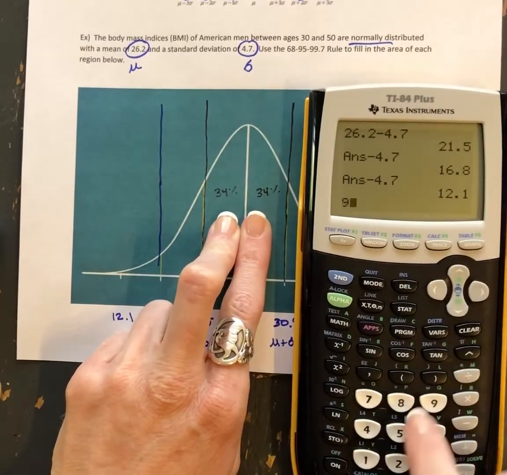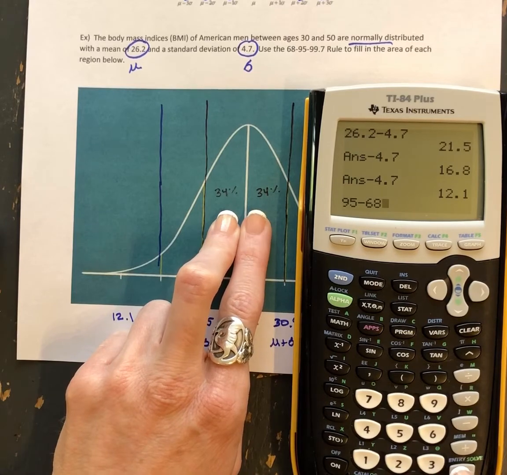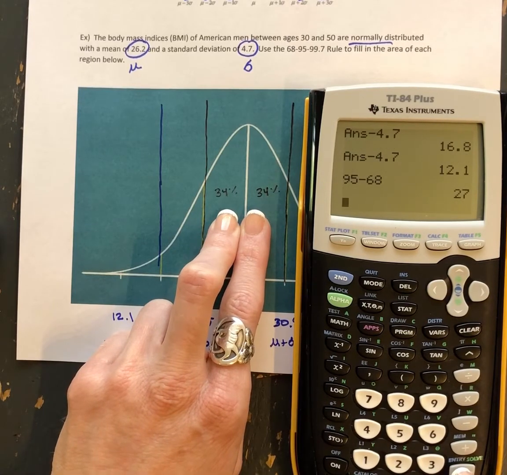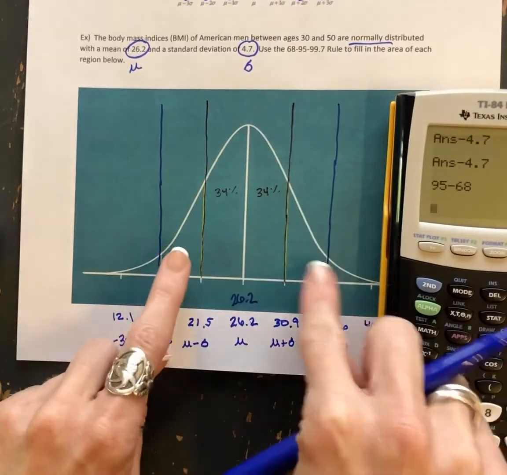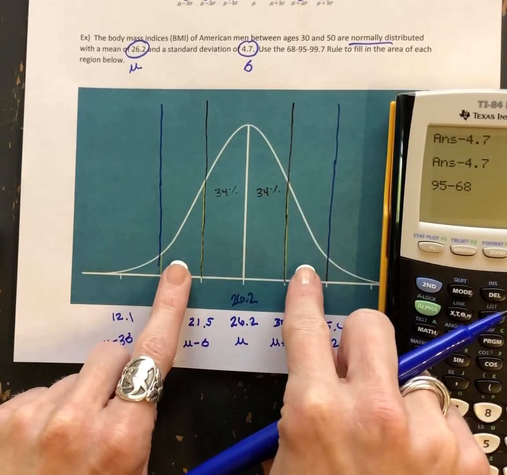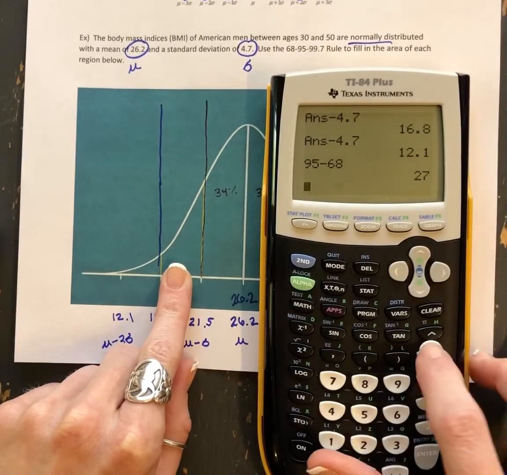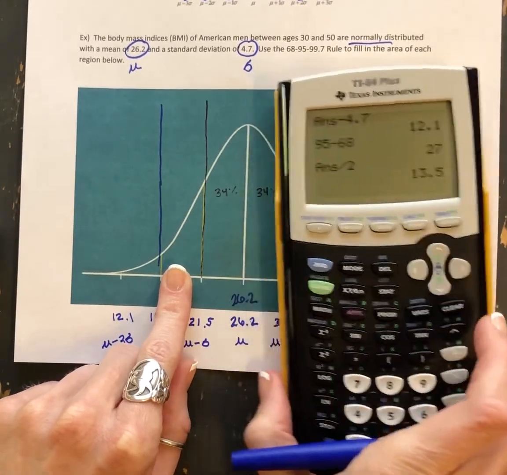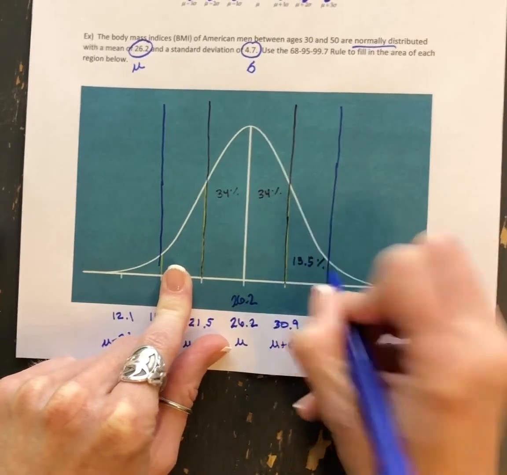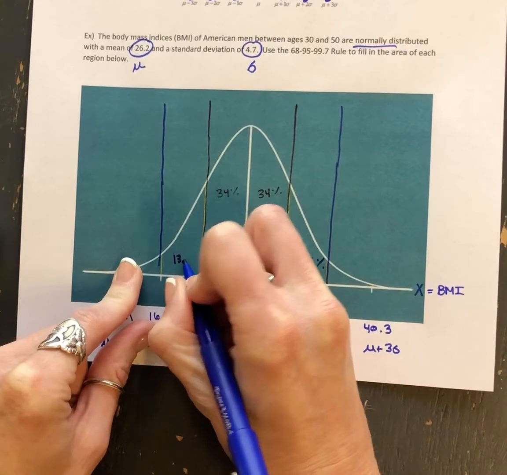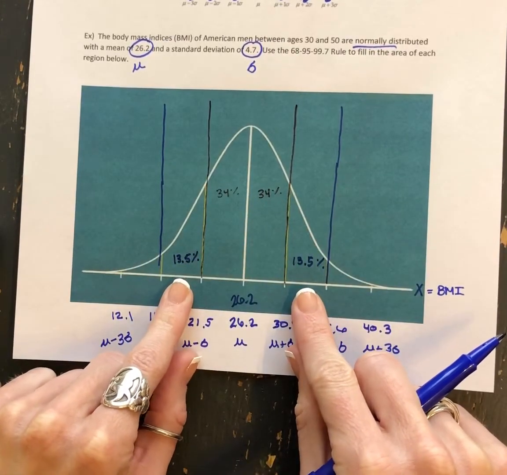So we're gonna take 95, we're gonna subtract 68, and that gives us 27% is remaining. That 27% is split evenly between these 2 slices, okay? So we're gonna divide that by 2, and we get 13.5, and so 13.5% of the area is in each of those next slices.